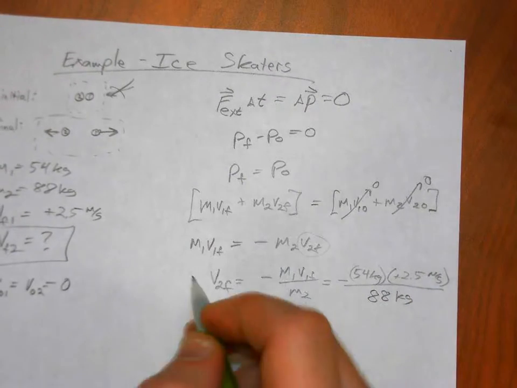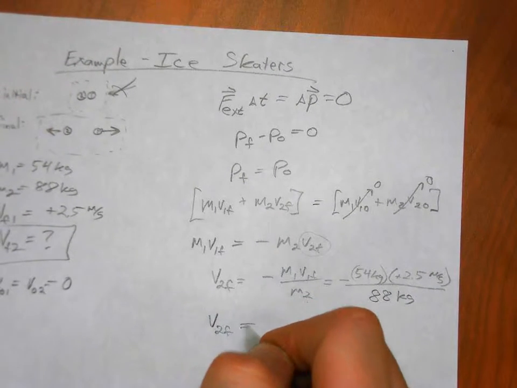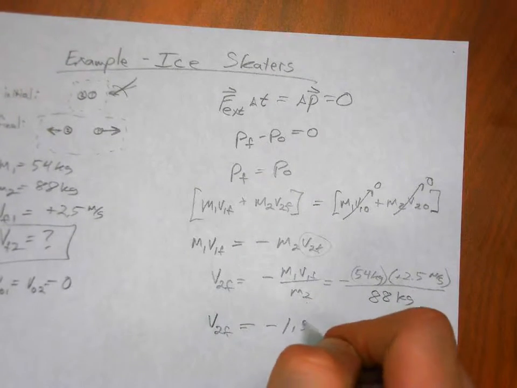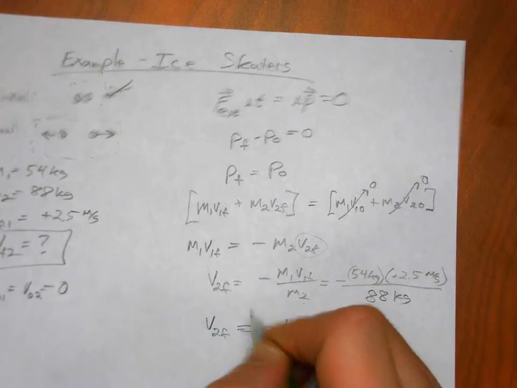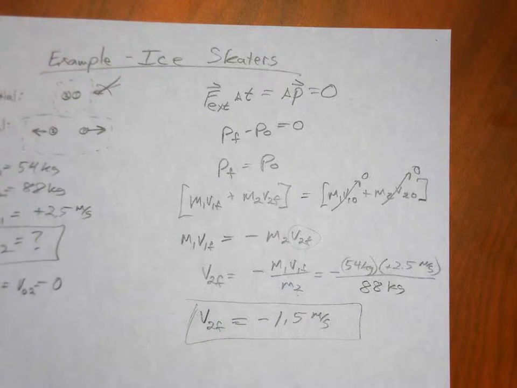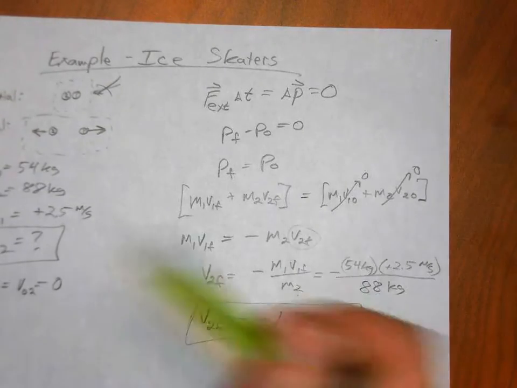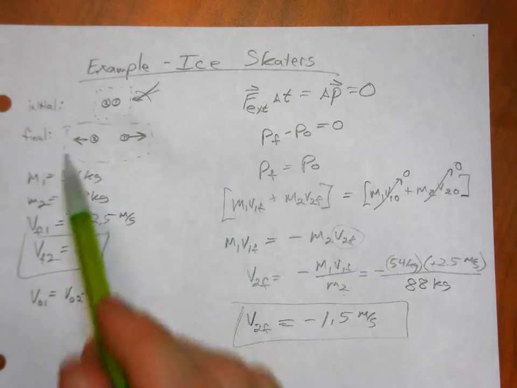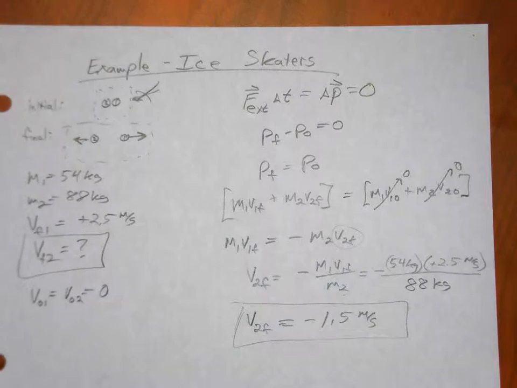Divided by M2, which is 88 kilograms, and V2F then just equals negative 1.5 meters per second. So it's negative, so my assumption that everything is moving to the right is incorrect. So the second skater is moving to the left, which is exactly what we were told in the question prompt.